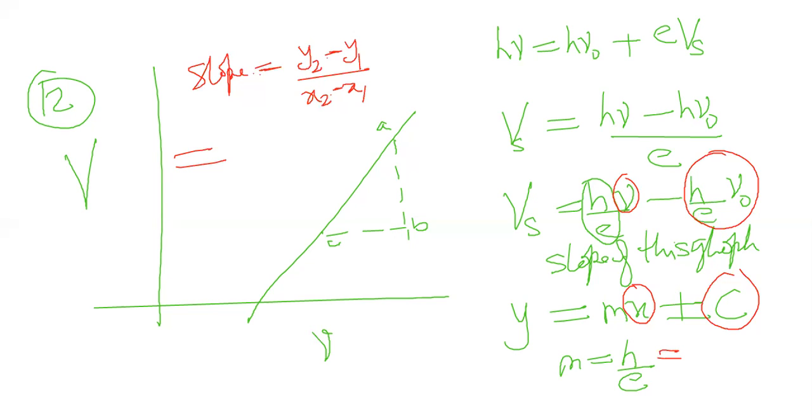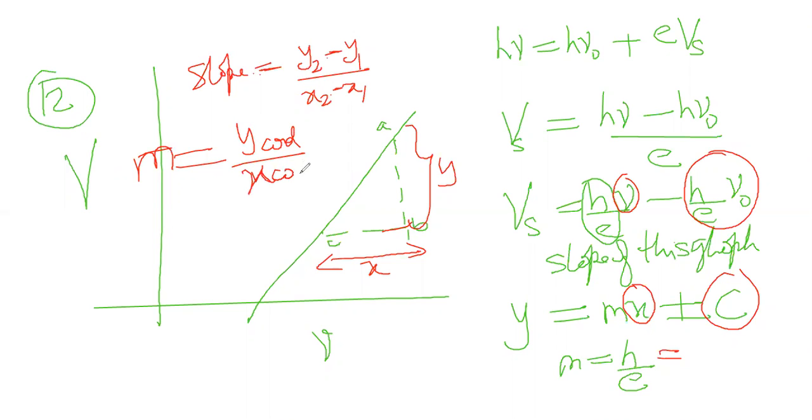How do you take the slope for two points? The slope m is nothing but the y coordinate difference by the x coordinate difference, which is nothing but AB by CD. But you already have h by e for the slope.